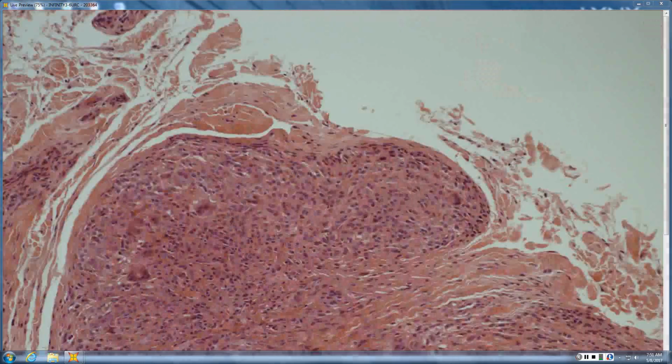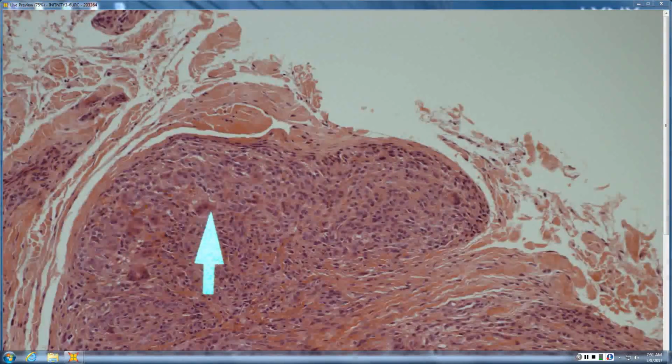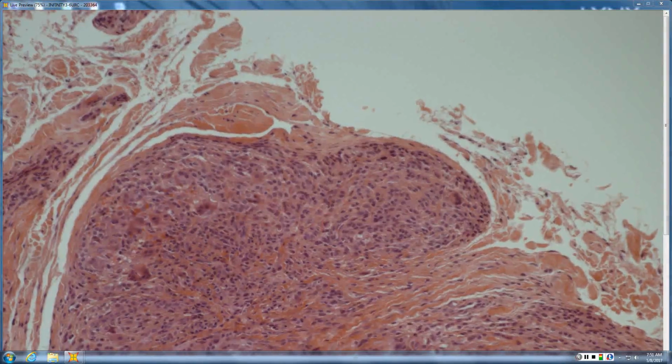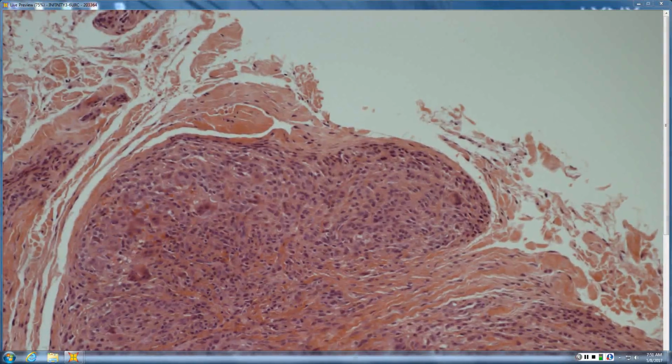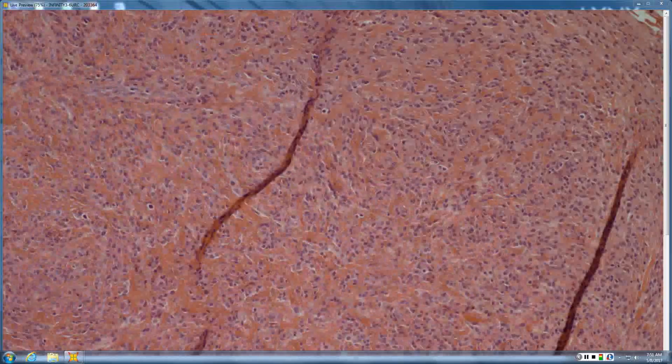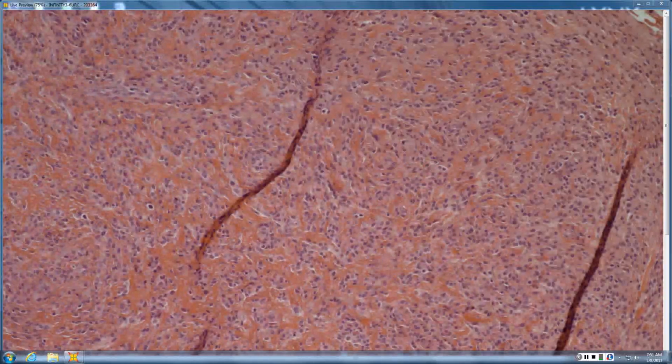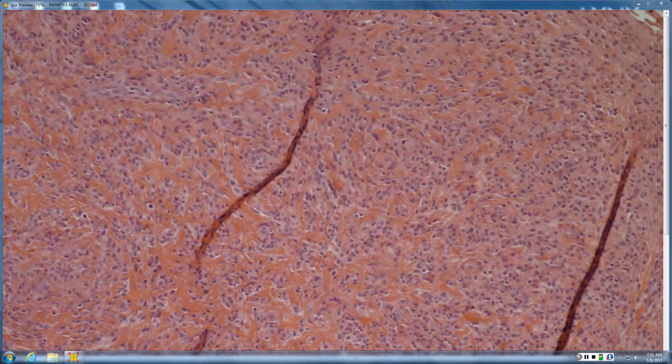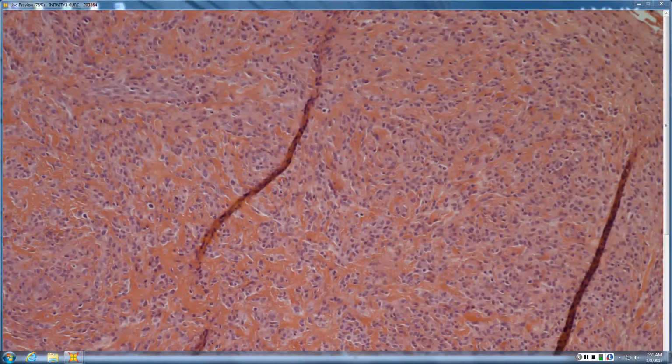Other thing, it could be a giant cell tumor. If those giant cell tumor osteoclast cells were absent, then the rest of it is exactly what fibroma of tendon sheath looks like. Those uniform gray plump fibrocytes and the ropey collagen. Very good.